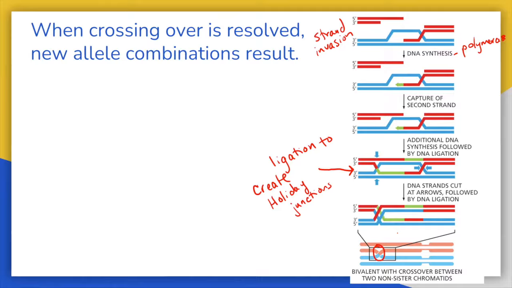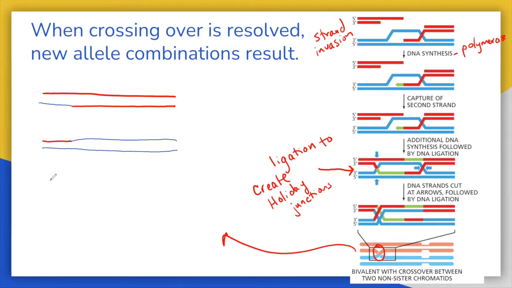And so when that resolves, the top chromosome will be red, and its partner will be mostly from the original red strand, but with some new blue DNA in there. And so what has happened here is that we have changed the alleles on each of these chromosomes.